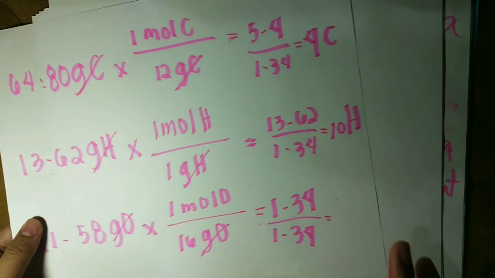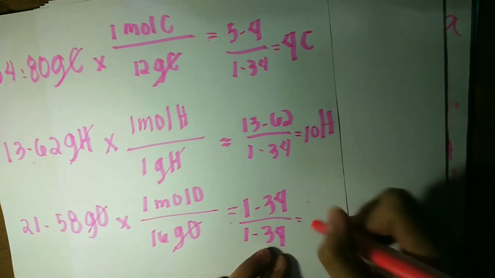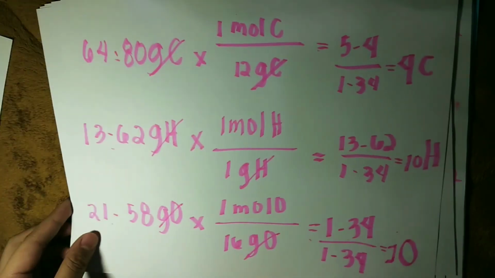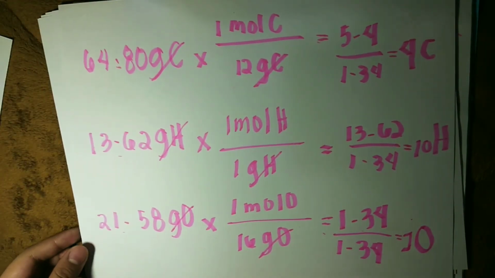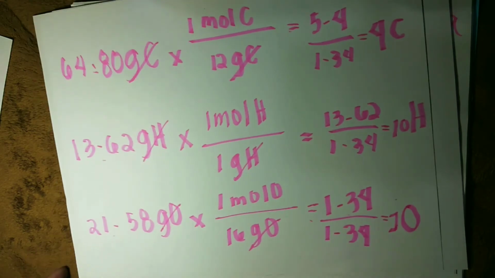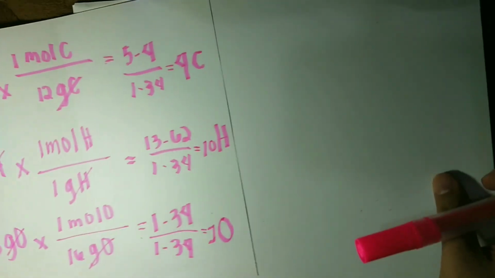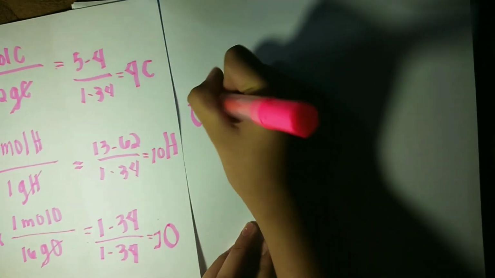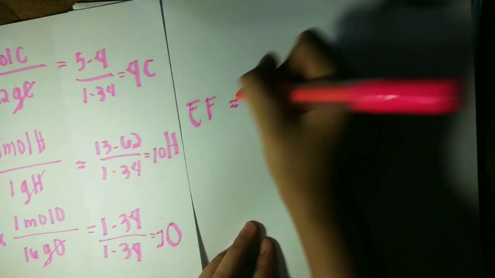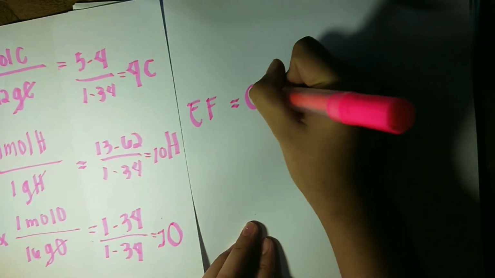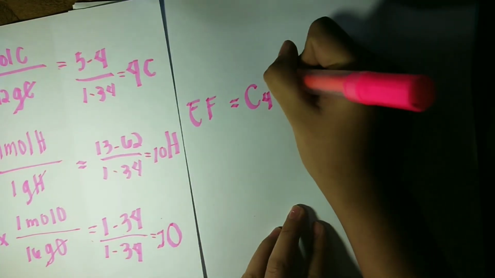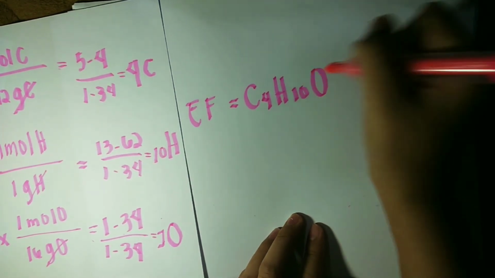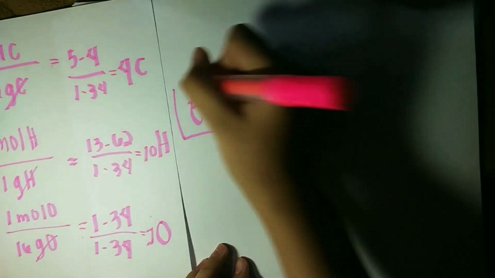And 1.34 divided by 1.34 is equals to 1 oxygen. And there you have it. And for the last step, we're going to write its empirical formula. So EF is equals to C4H10O. That's our final answer.